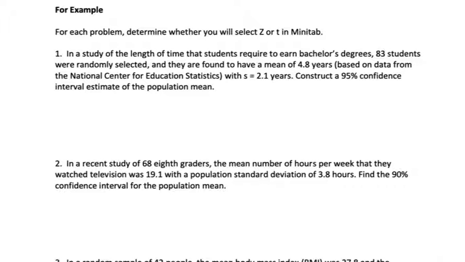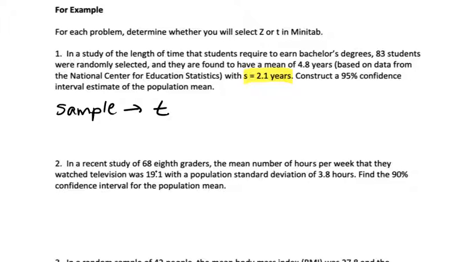So question 1 says, in the study of the length of time that students are required to earn bachelor's degrees, 83 students were randomly selected, and they were found to have a mean of 4.8 years with S equals 2.1 years. Now, they're giving us S. When we see the letter S for standard deviation, that refers to a sample. And when it's a sample, that means we're using T.